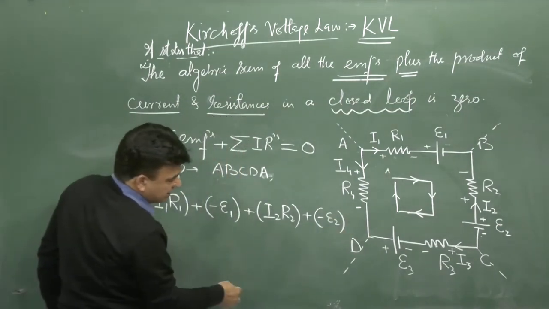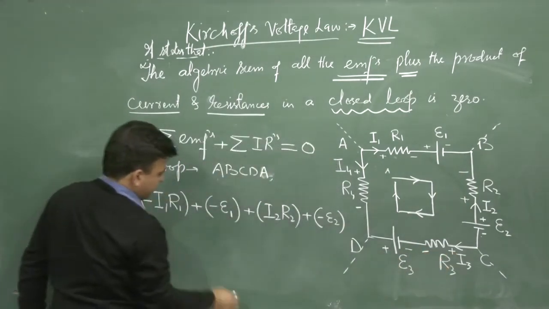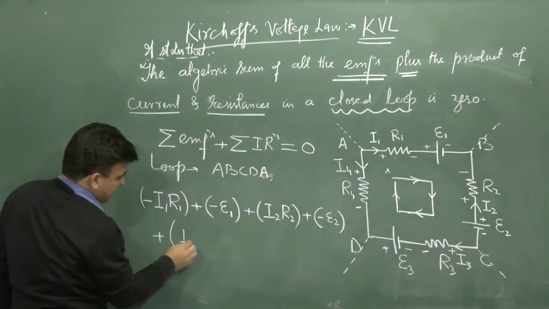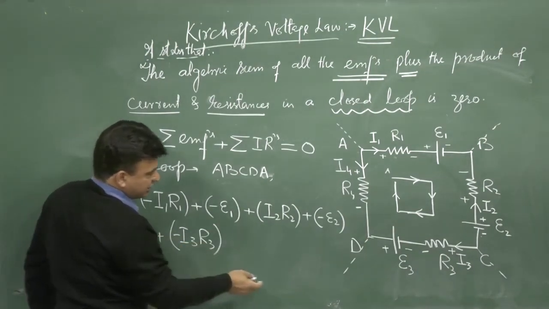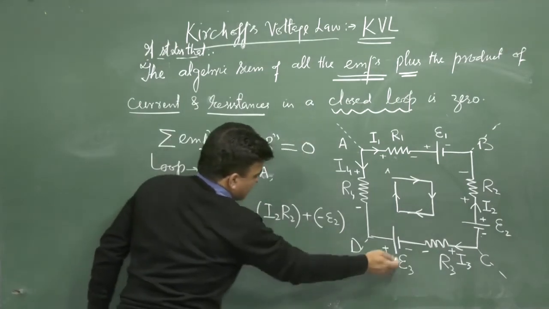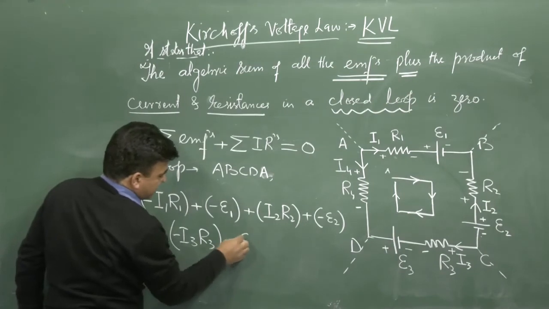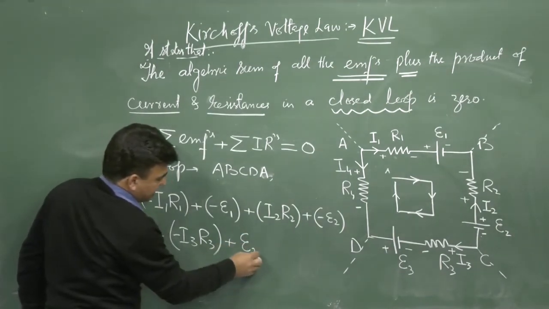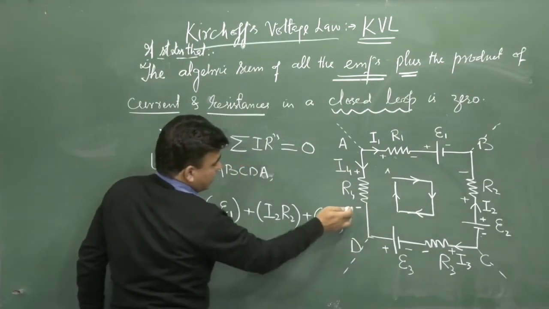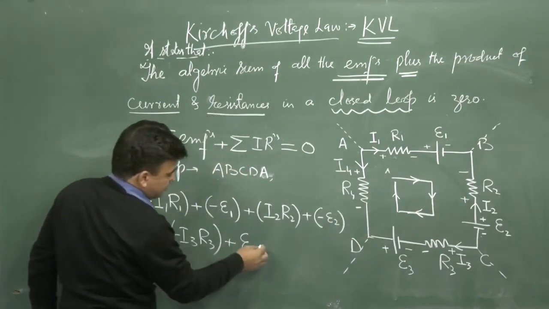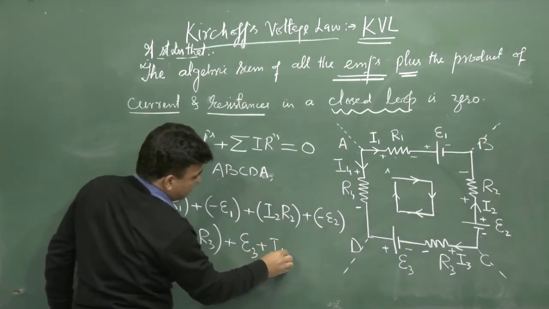In the branch CD, I3 R3 will be taken as negative, as you are moving towards decreasing potential. Here the cell of E3, we are moving negative to positive, so take it as positive, E3. Then in the branch DA, moving negative to positive with current I4, the drop will be positive I4 R4.